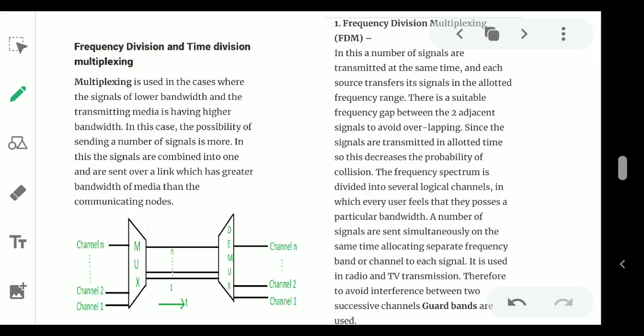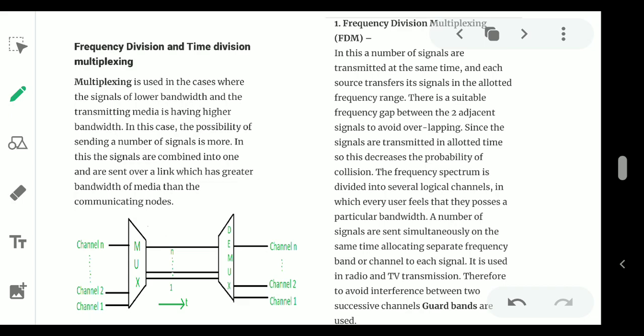Now come to the different part, that is frequency division and time division multiplexing, which I mentioned previously. First we have to understand the meaning of multiplexing.